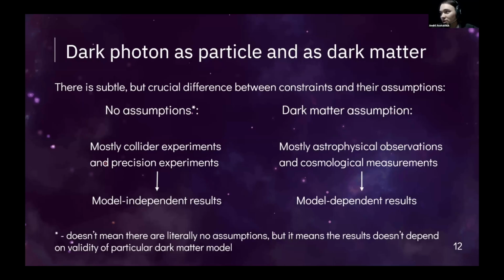It basically means that there should be enough dark photons in the universe, which is actually quite a strong assumption. And in a proper way, you cannot actually mix these results together, and you need to be very cautious when you do it.